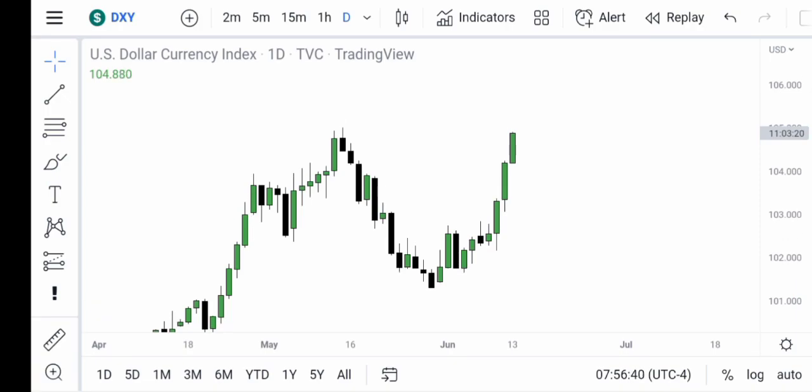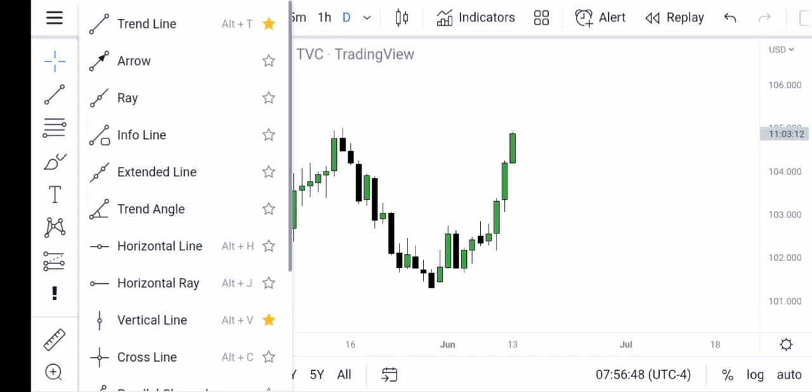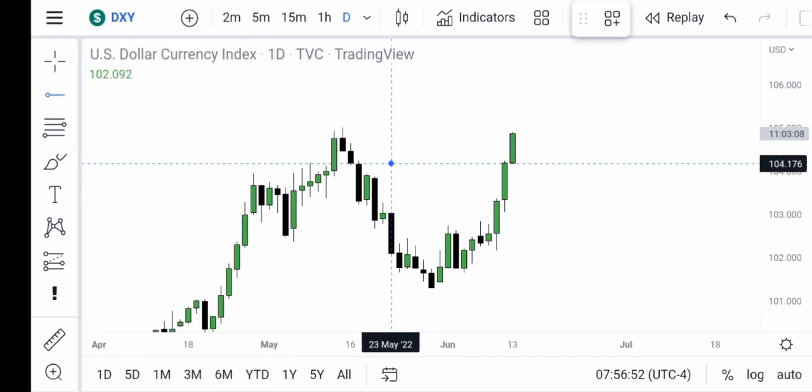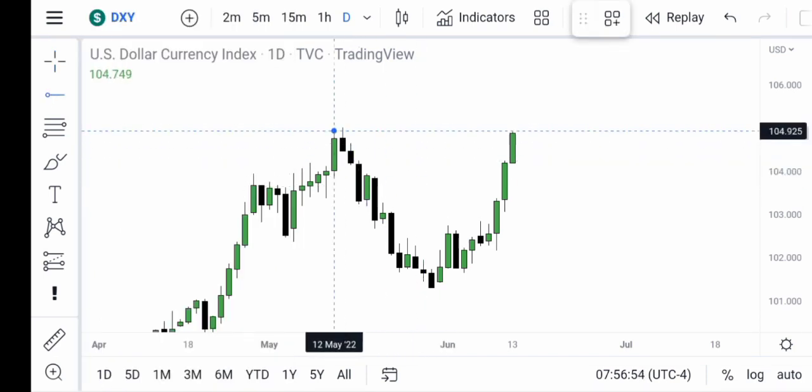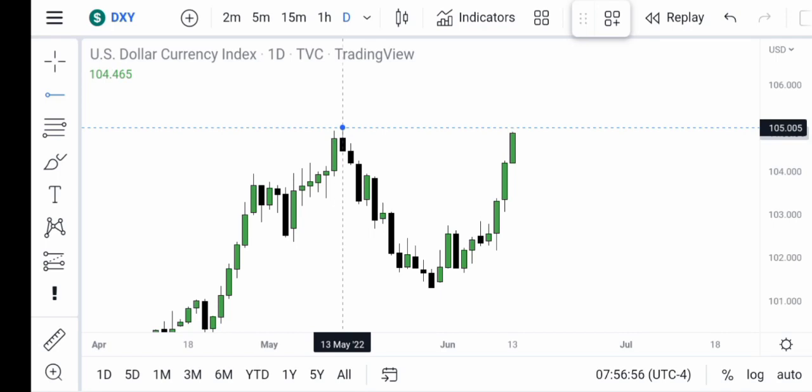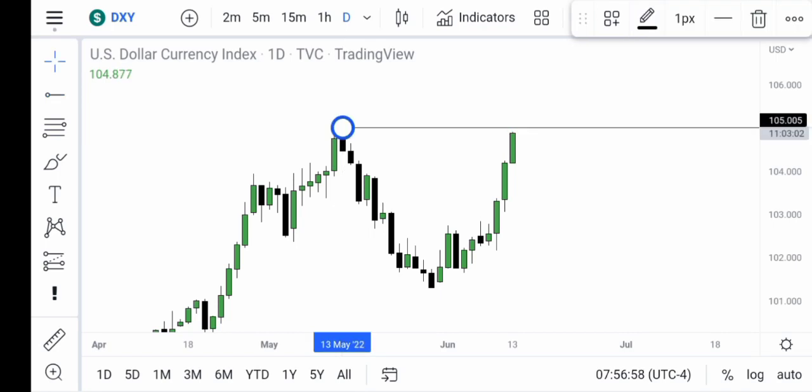For the dollar, I already gave you what I think in the group yesterday. I'm looking at that buy side liquidity for the dollar itself. Why is it called buy side liquidity? Let me first mark it.